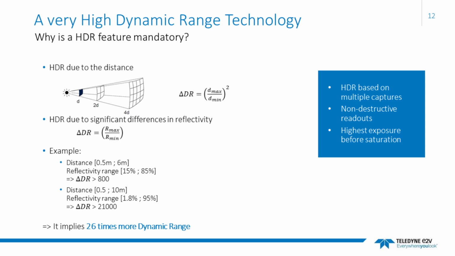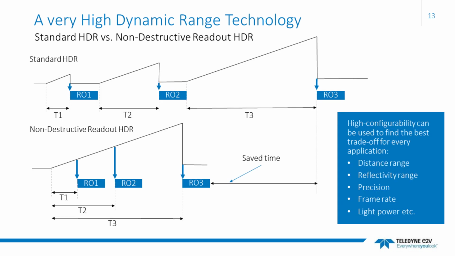In this condition, application 2 requires 26 times more dynamic range than application 1. Large enough to need way more than a good full well capacity in the pixel. Teledyne sensor embeds specific techniques to manage its huge dynamic range, making it suitable for most application cases.